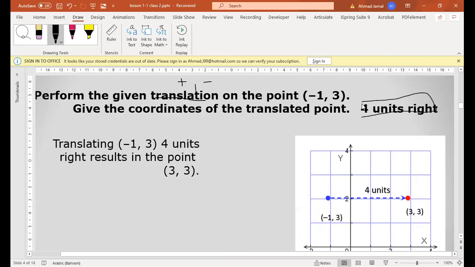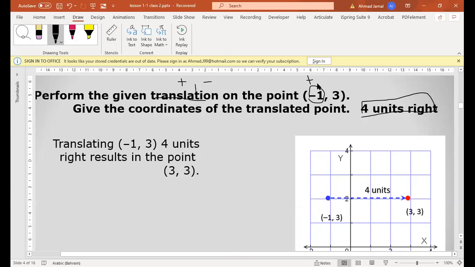This point moves 4 units to the right. In x or in y? Right, so in x, so I will change this coordinate. Move to the right, positive or negative? Positive. So I will add a number. Which number? Number 4.